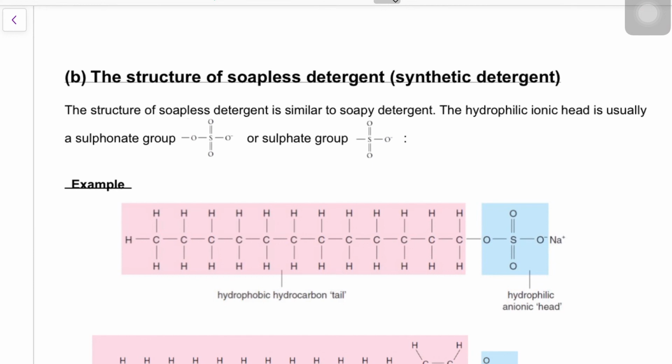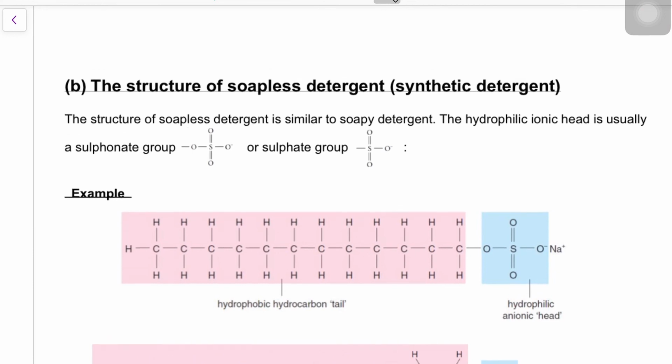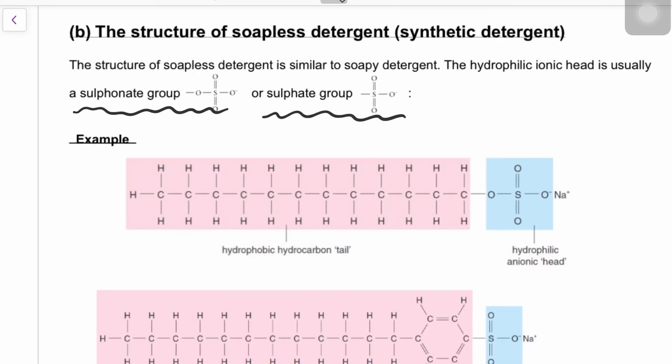That means they have a sulfonate group or sulfate group, and we have millions of other choices. So no need to memorize how the ionic head looks in the soapless detergent, because we have many choices. But you can relate that if the ionic head contains sulfur, maybe it comes from sulfuric acid.